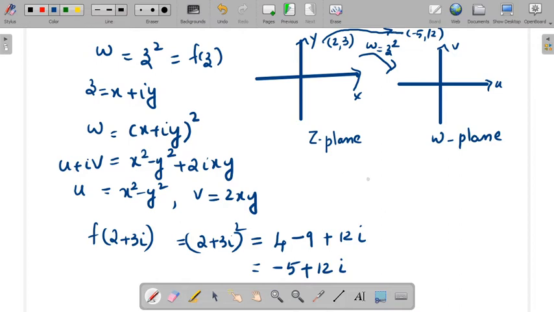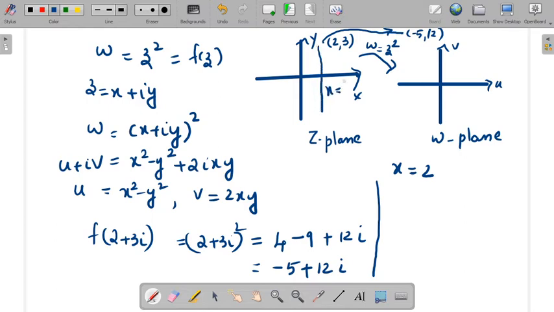Similarly, suppose you take the image of the line x is equal to 2. The line x is equal to 2 is a line parallel to the y-axis.